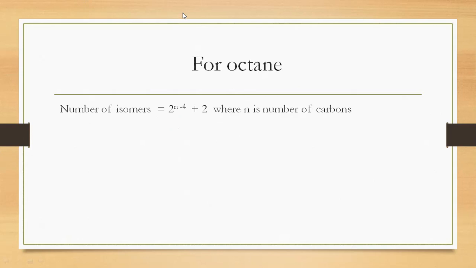We had 2 to the power n minus 4 plus 1. Now it is plus 2. Only this value is changing. Remember this. So easy to remember also. And again here, n is number of carbons only. So we know the formula.